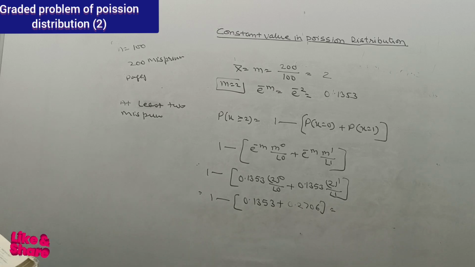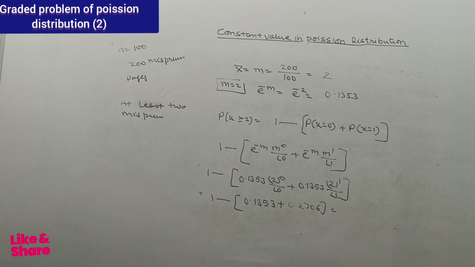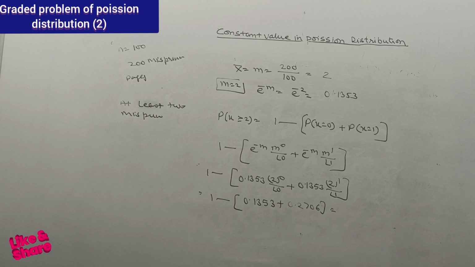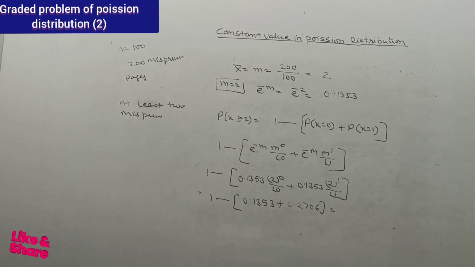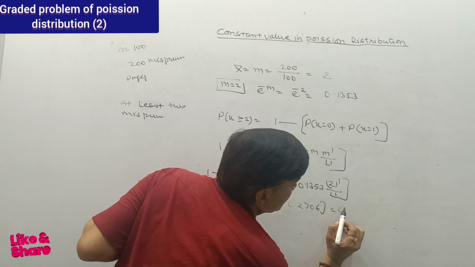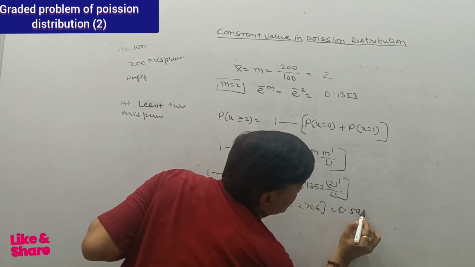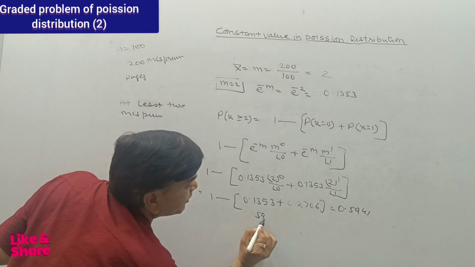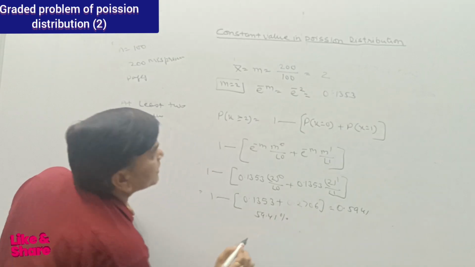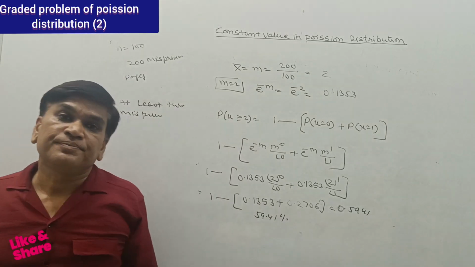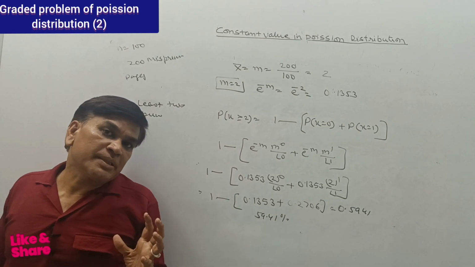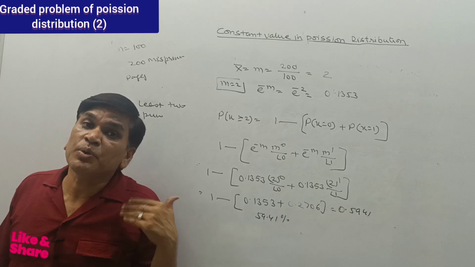Again we have to check this, for 0 misprint and 1 misprint. So that will be 0.5941, or 59.41 percent. So in this question, one book contains 100 pages having 200 mistakes.